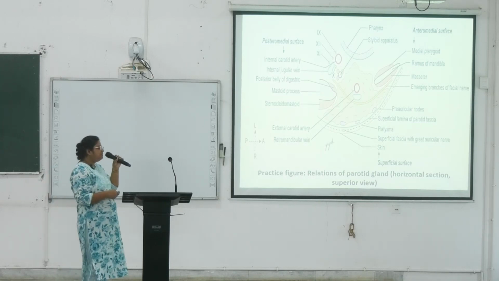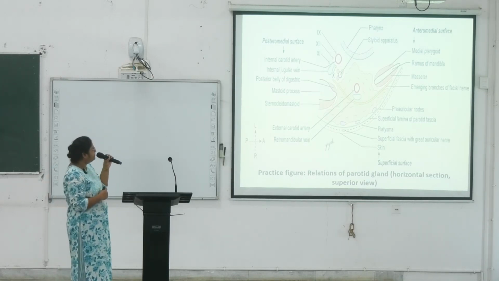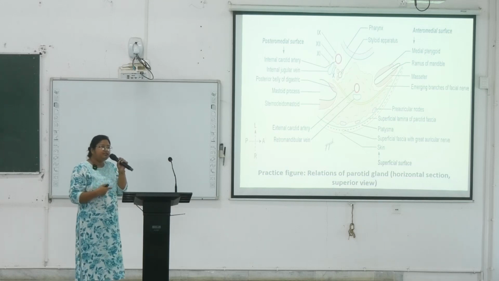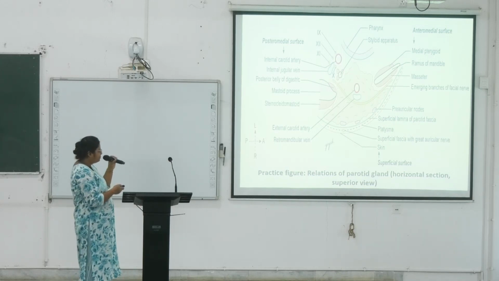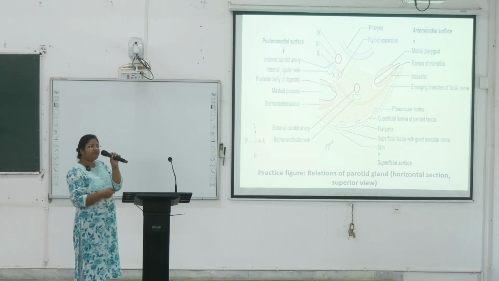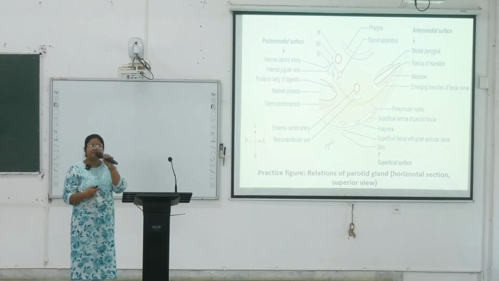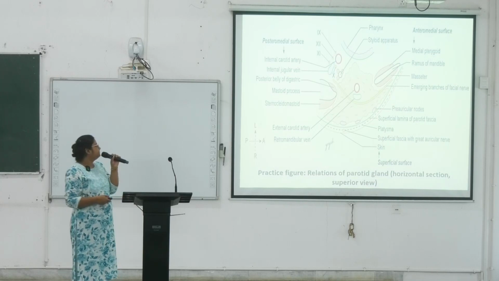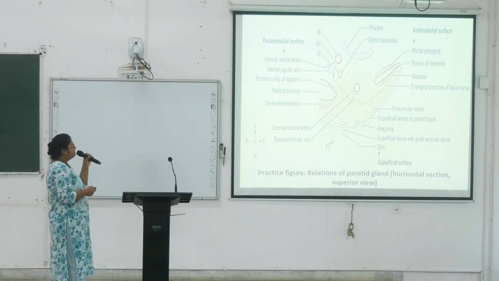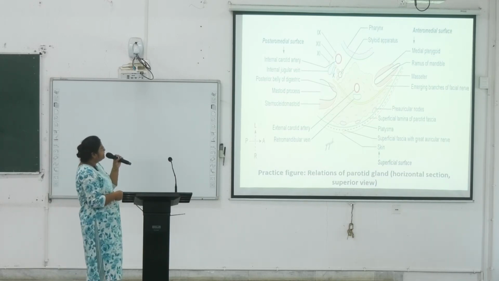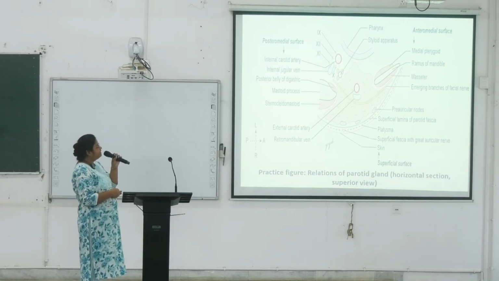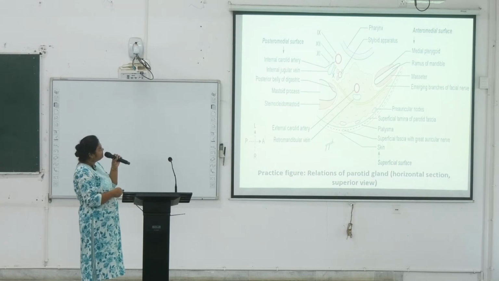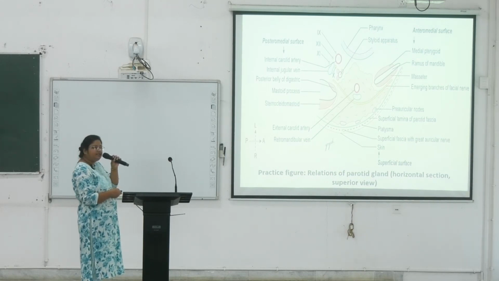During dissection of this parotid gland or during different surgeries over this gland, you have to protect these structures which are lying embedded within the substance of the gland. Now this anteromedial surface, you can see it is related to the ramus of the mandible and its attached muscles: on the outside masseter, inside medial pterygoid.